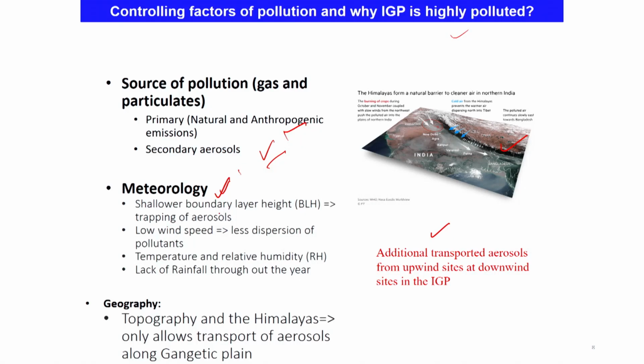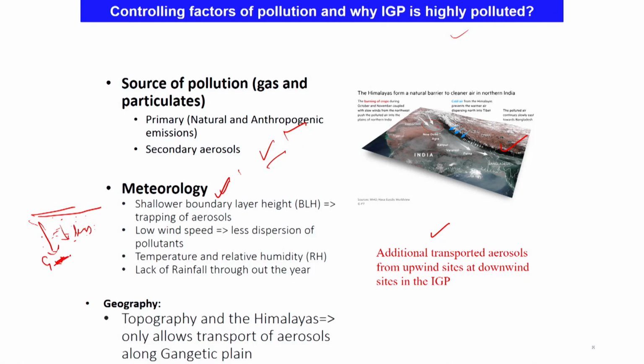So what is happening? Shallower boundary layer height means trapping of the aerosols. Imagine a layer, and you are putting more aerosols. If this imaginary boundary layer is at a lower height from the ground, what will happen?